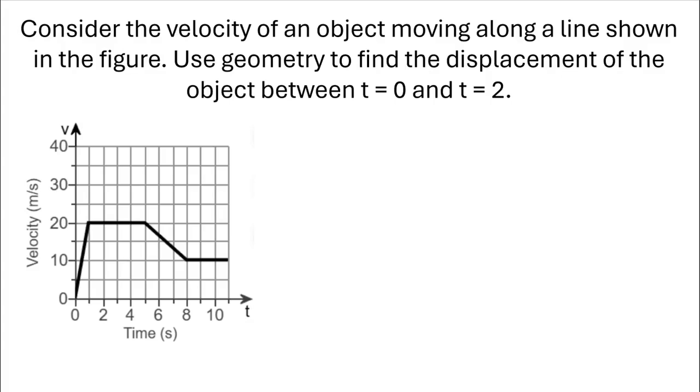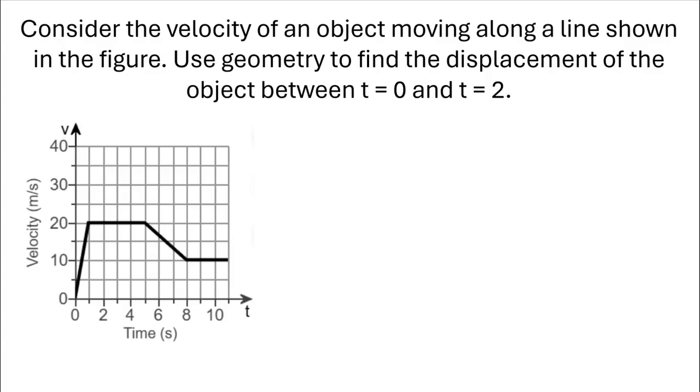On the interval from 1 to 5, we see that the graph of the function is constant. So that means the velocity is constant on the interval from 1 to 5. On the interval from 5 to 8, our graph is decreasing, so the velocity is decreasing. And then from 8 to 10 and beyond 10, our graph is constant, so the velocity is constant.